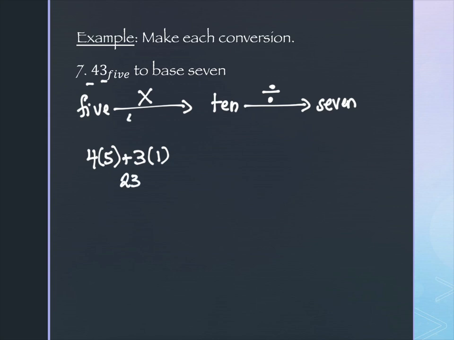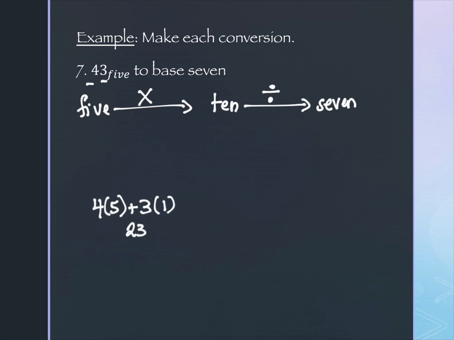So our number right here is 4, 3 base 5, and it turns into 23. And I'm going to write base 10. You don't have to, but I just want us to remind ourselves that's where we are right now. It's 23 base 10.